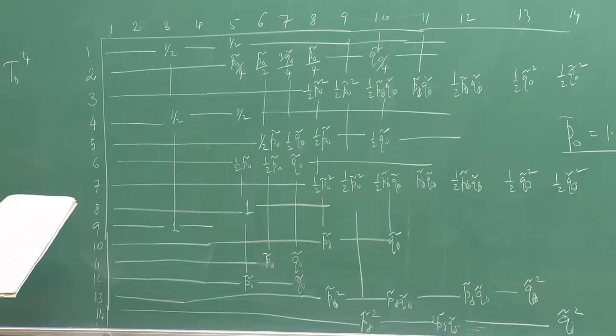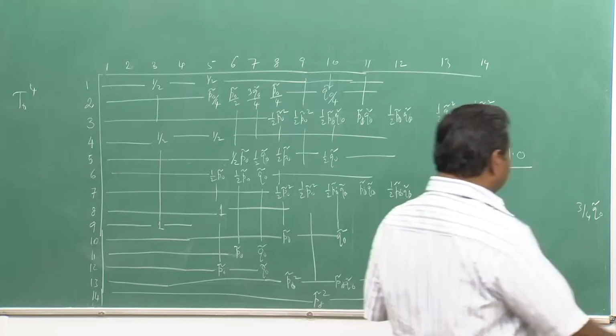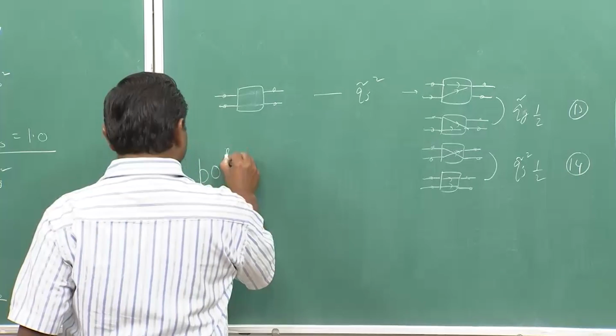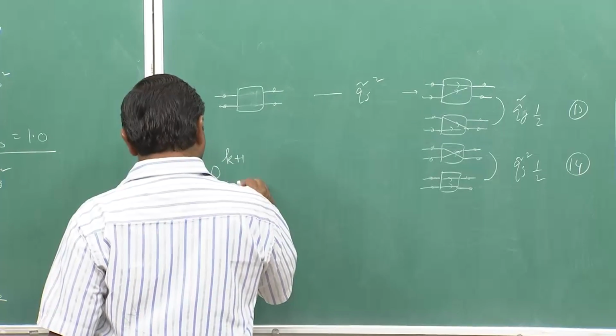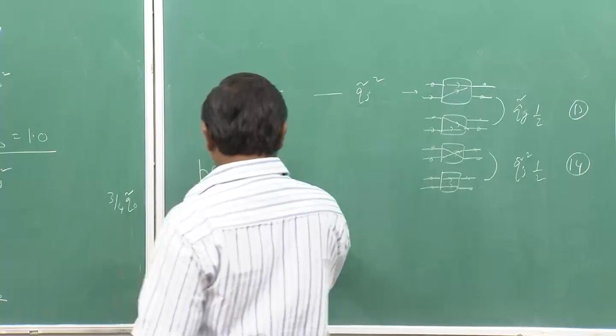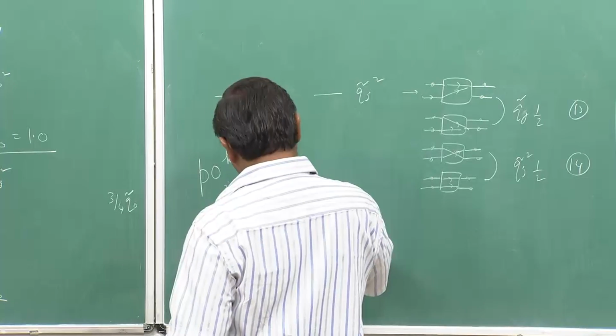So, that will be the complete transition matrix for the stage 0, and correspondingly the equation which will be there will be this. At the step k plus 1, being in state I, you will get, based on the earlier calculations, m is equal to 1 to 14.